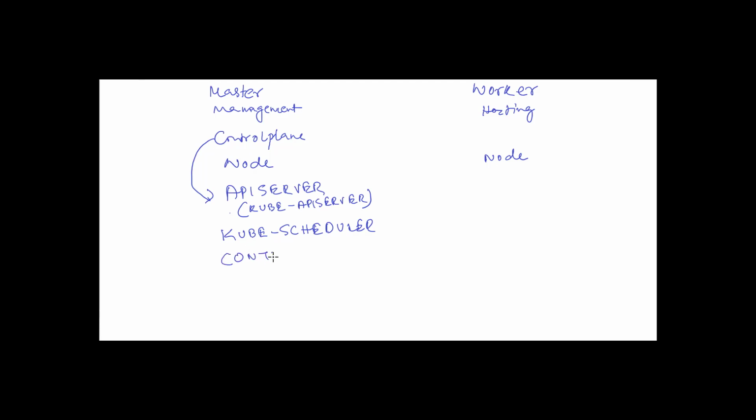Then third, we have the kube-controller-manager. As the name suggests, it is a controlling process. There are different types of controllers, but for simplicity they are all combined together into a single binary and run as a single process. If we talk about the controllers, we have the node controller, which is responsible for determining when a node is down.